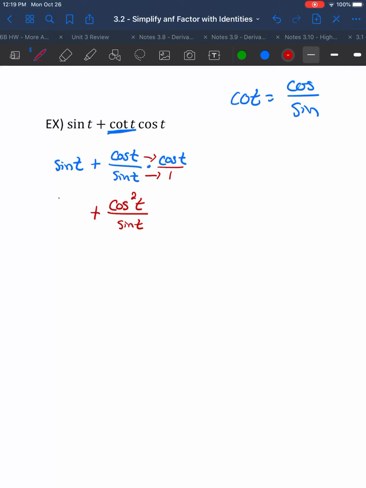And then I still have it plus sine of t. To add things together, I have to get common denominators. So if I multiply this guy by sine over sine, that would give me sine squared t over sine plus cosine squared t over sine.